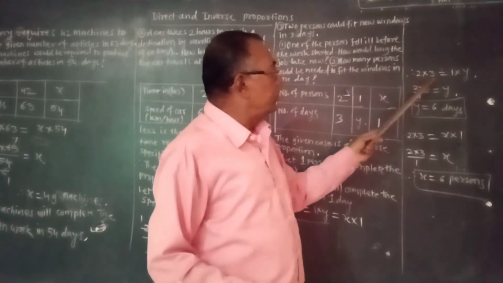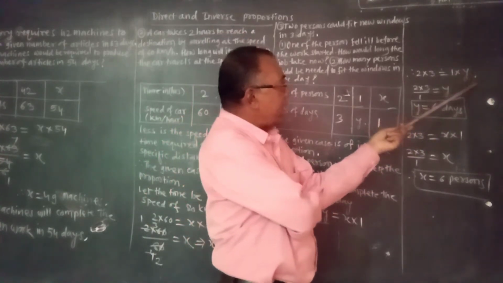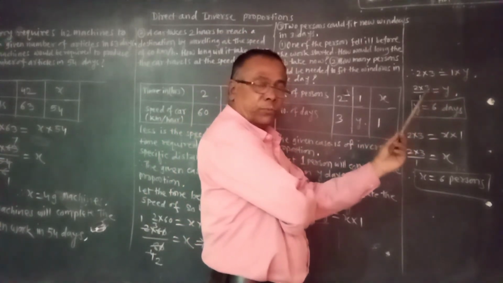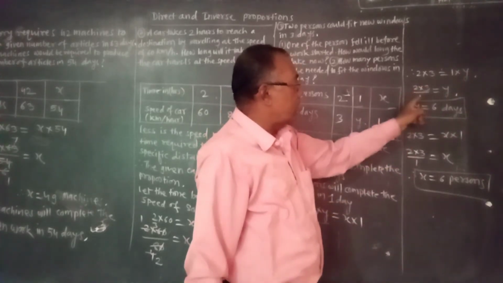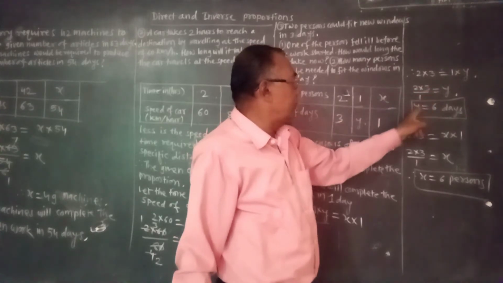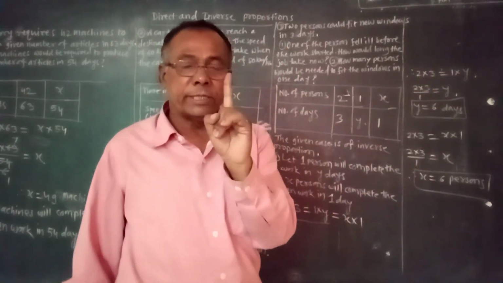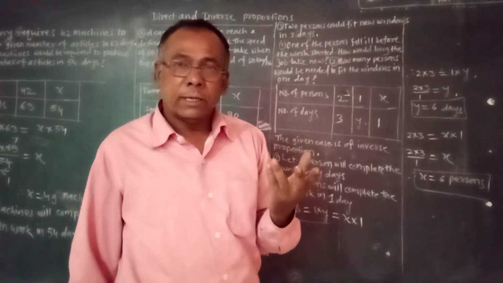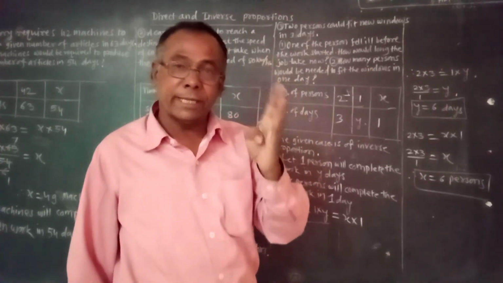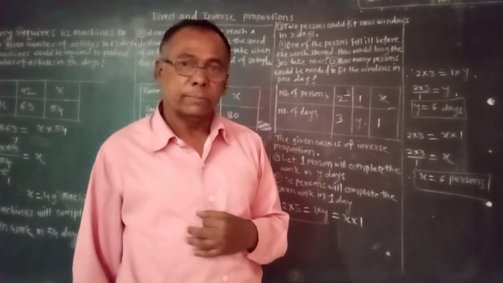So 2 into 3 is equal to 1 into y. To find the value of y, if we transfer this 1, means 2 into 3 upon 1 is equal to y, and therefore y is equal to 6 days. Means if one person is there, then he will take 6 days to complete his work.